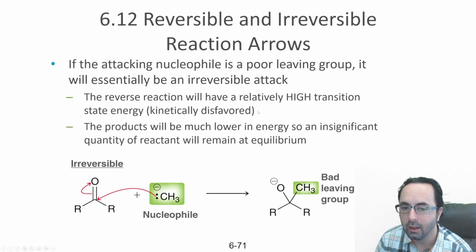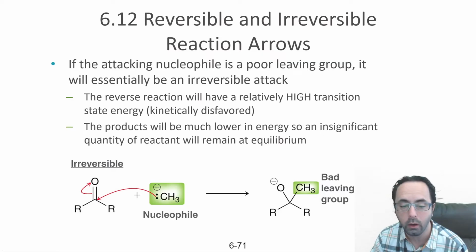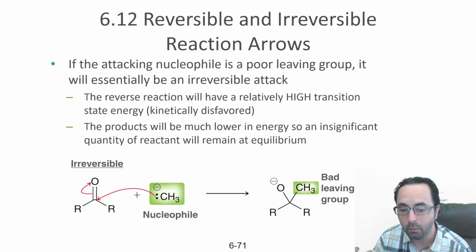If we have an attacking nucleophile that is a poor leaving group, meaning that it's completely unstable as a separate group, like this nucleophile here, a methyl anion, it is going to be very, very unstable. We can evaluate this based on ARIO. Remember, we use ARIO to evaluate the stability of conjugate bases.